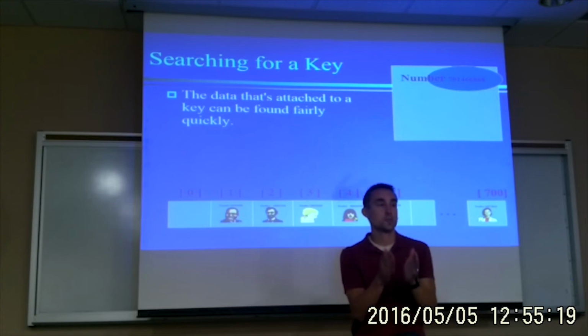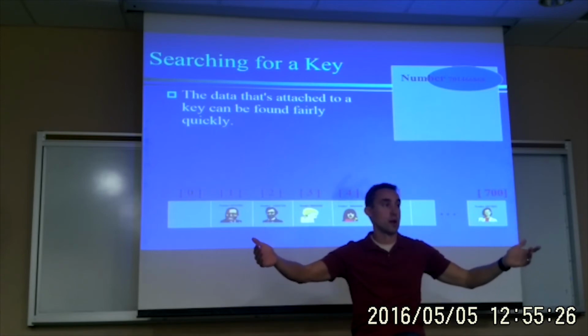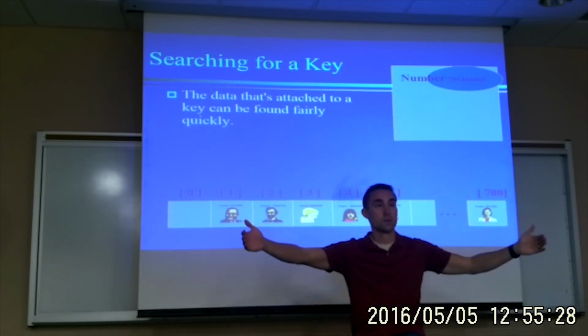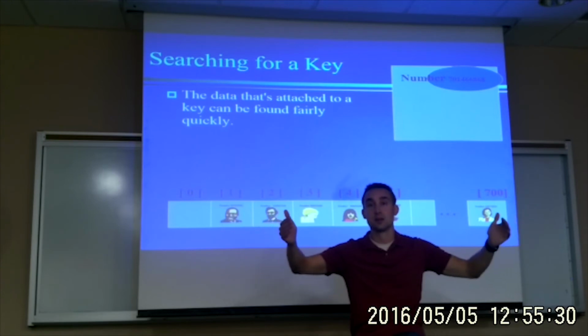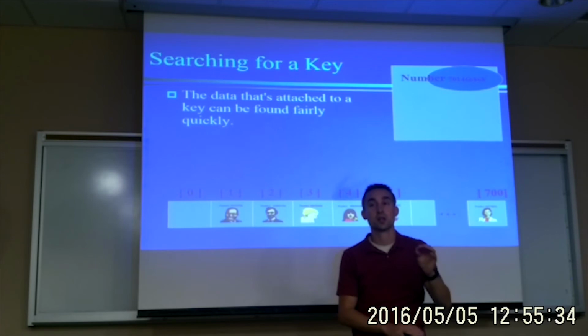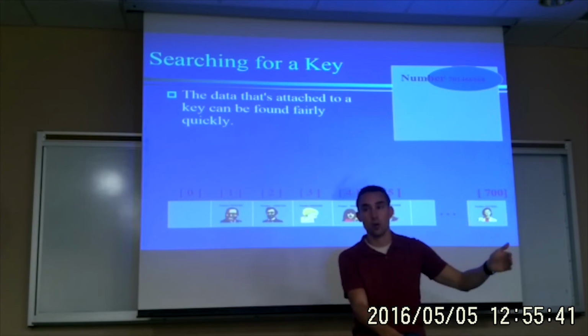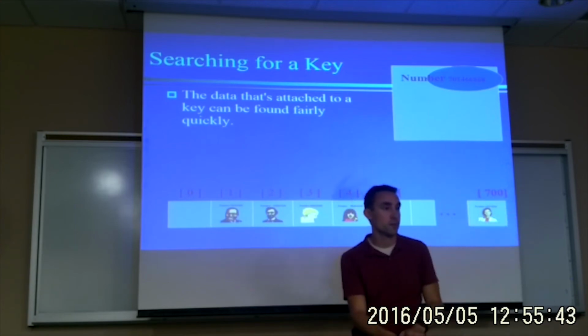The more spaces there are, and the more spaces is a direct indication of how big your array is, so the larger your array, the less likely collision is going to occur. And when collision does occur, it reduces the number of spots you have to go until you find an open spot. Okay?